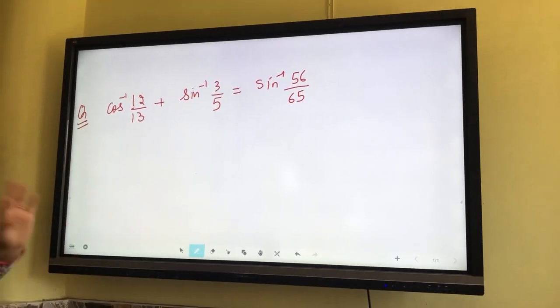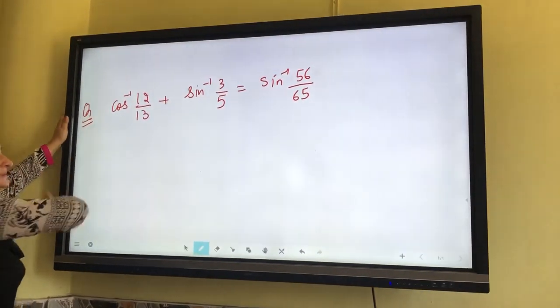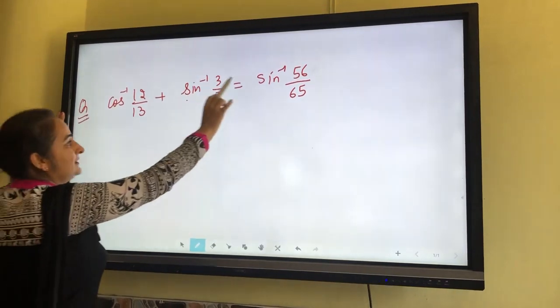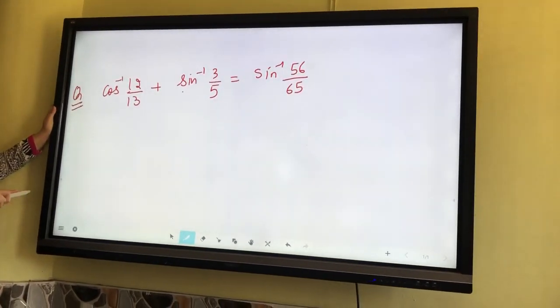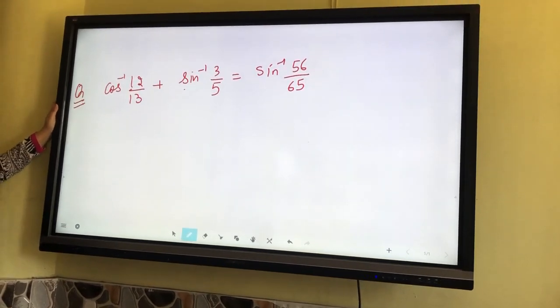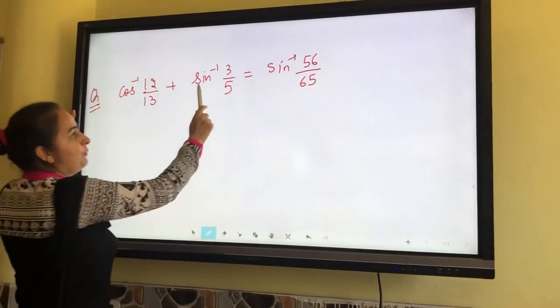That depends on you, whether you want to convert cos into sine or sine into cos. There are two sines and only one cos, so I am changing only the cos. If you want to change the sine, then there are two sines, you have to change both.